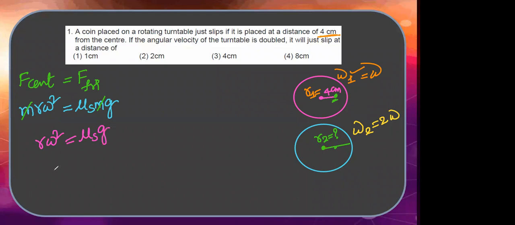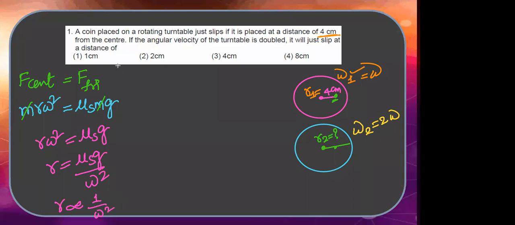Then we need R2, they have asked. R is equal to mu s into g divided by omega square. Therefore R, this is R for distance, is inversely proportional to angular velocity omega square.